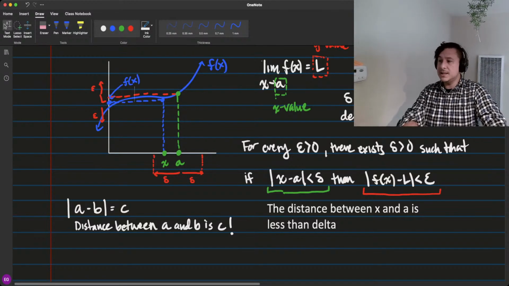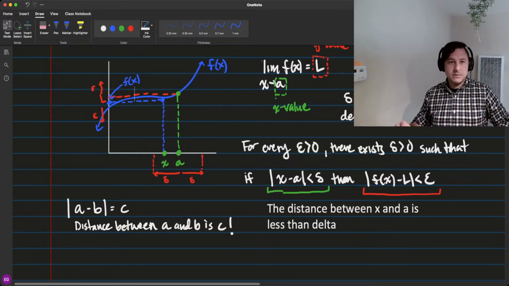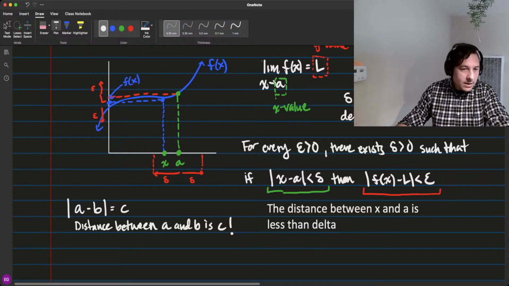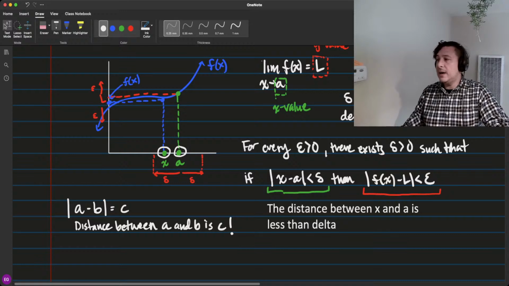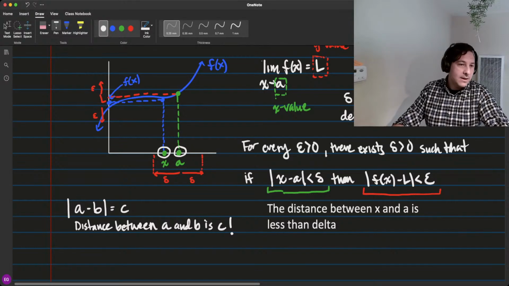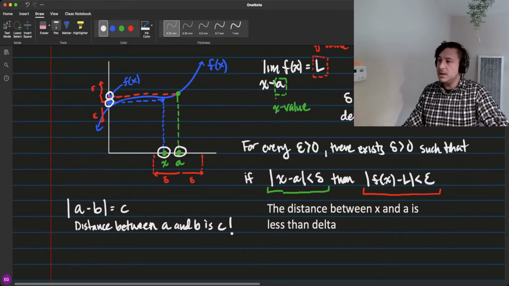I wish I had a highlighter. Here's f of x, here's x right here, and here's a. Do you see how x and a are very close to each other? If x is close enough to a, then f of x will also be very close to L. That's what it means for a limit to exist.